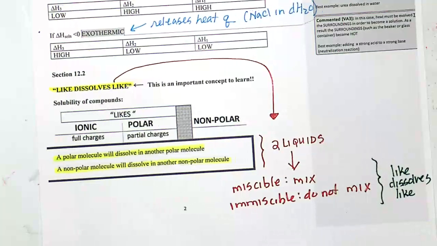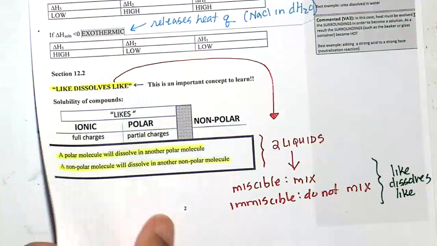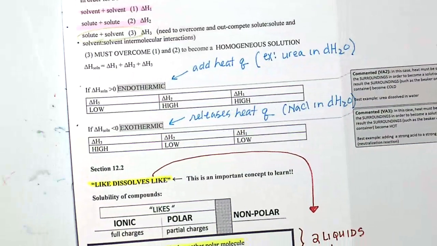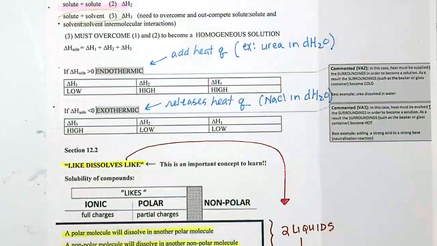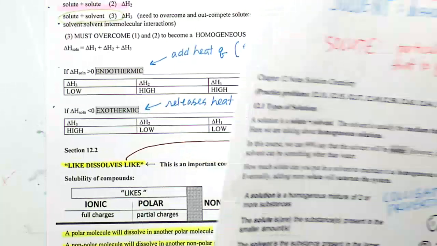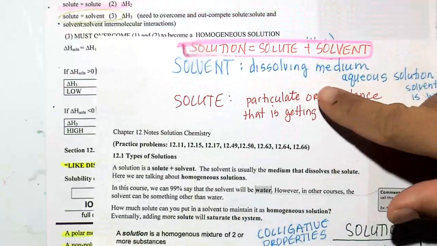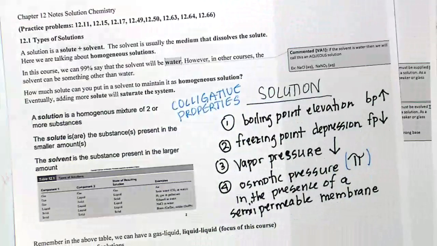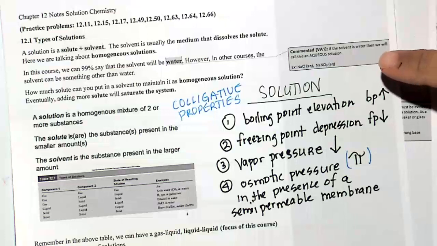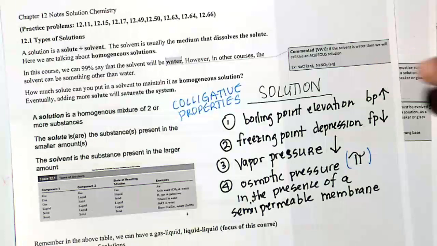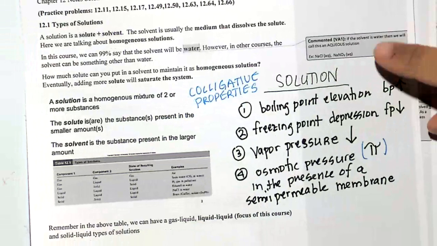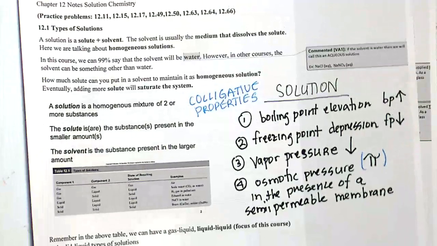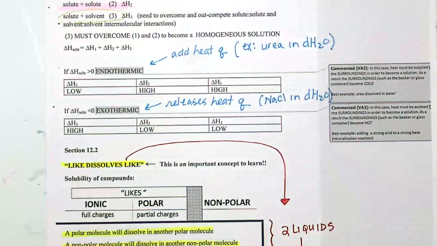All right, let's do some problems like this here. Two liquids. Just as a brief review, let's quickly review this before we go to page 3. Solution is solute plus solvent. The minute you make a solution and add a solute, whether it's a tiny amount or a little amount, as long as it dissolves, you'll have these 4 things called colligative properties.